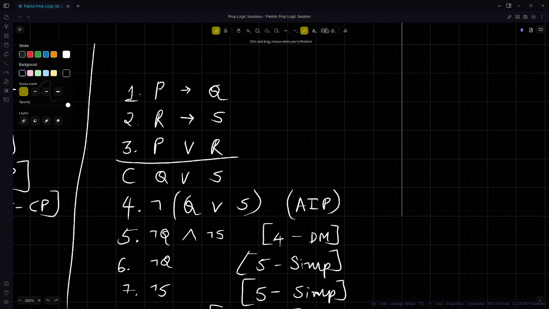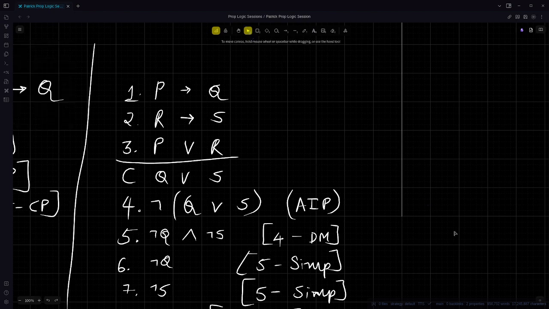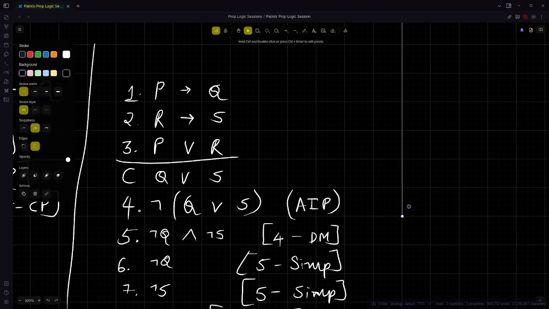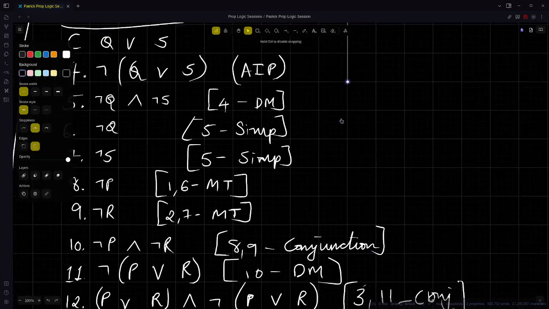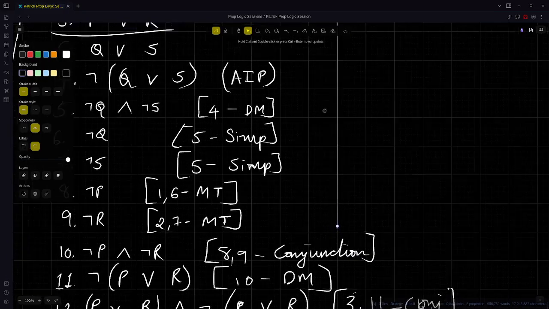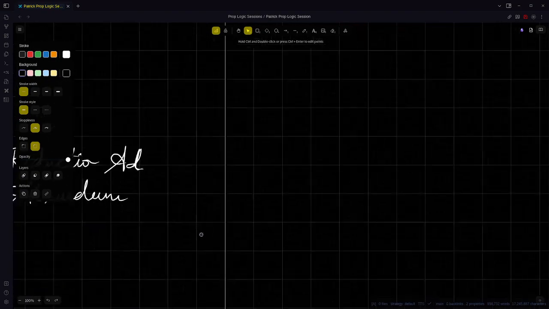Let's try one more, because this is a foundational concept, so to speak. How do you decide which method to use?